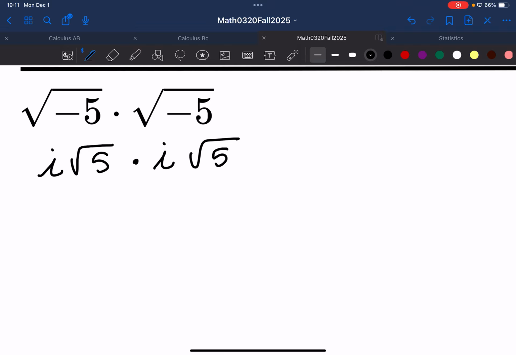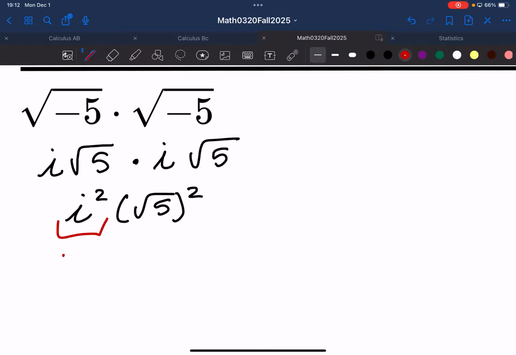Square root of 5 times square root of 5 could be the square root of 25, where we multiply the insides. Or we could say it's the square root of 5 squared. So this could be i squared times the square root of 5 squared. It would be negative 5, yes.